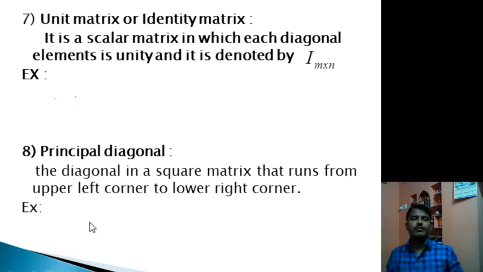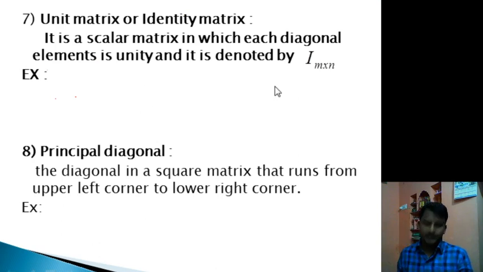One more thing is the principal diagonal matrix. The diagonal in a square matrix that runs from the upper left corner to the lower right corner. Now in this definition we will take only a square matrix. Square matrix means the number of rows and number of columns are equal.